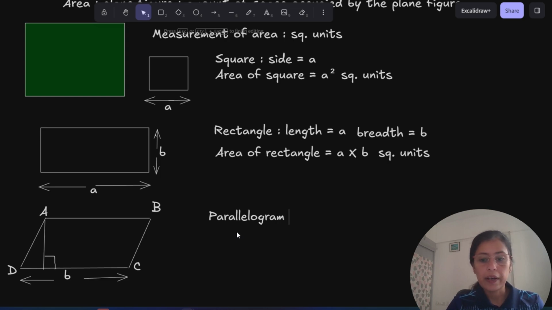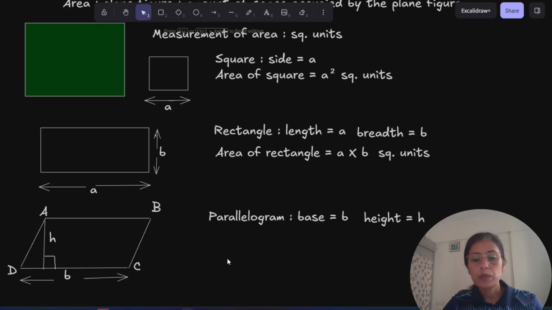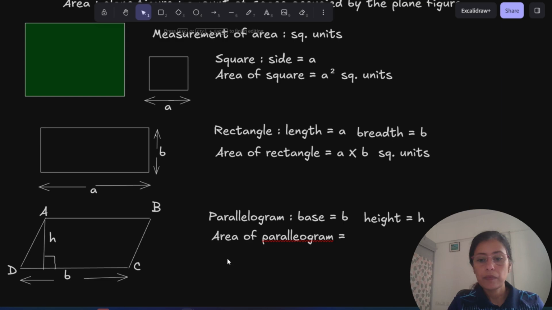Parallelogram. It has base B, and this height is h, small h, right? Height is h. So what will be the area of the parallelogram?